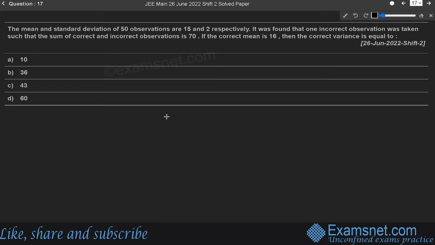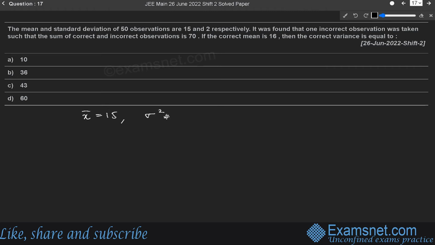Next question is, the mean and standard deviation of 50 observations are 15 and 2 respectively. It was found that one incorrect observation was taken such that the sum of correct and incorrect observations is 70. If the correct mean is 16, then the correct variance is equal to. So in the question, the mean is given, which is x bar equal to 15, and the variance is sigma square.